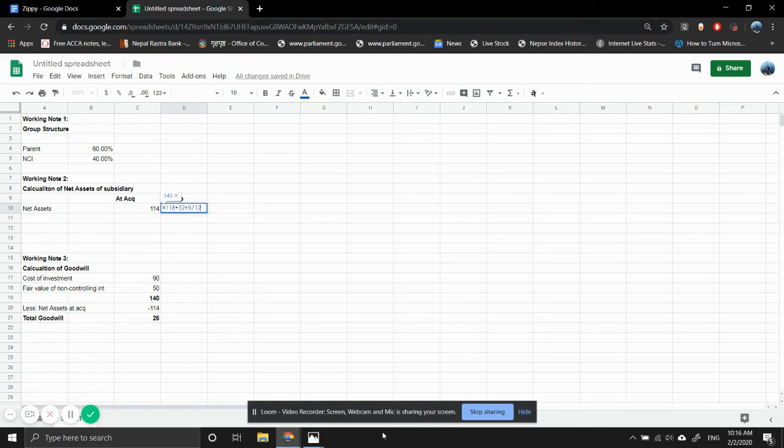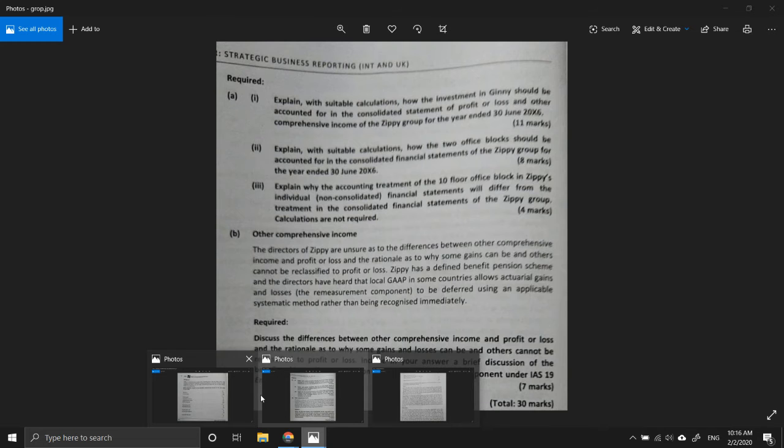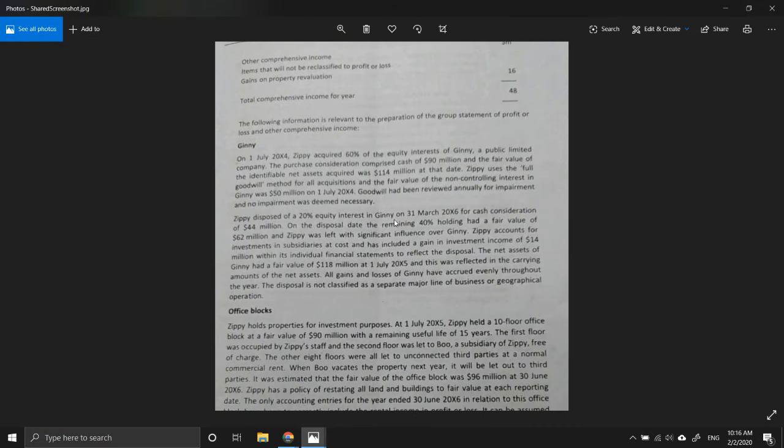And then there is something else as well, I guess. There is OCI as well, gain on property revaluation, right? What it says here is that SPI accounts for investment in subsidiaries at cost and has included a gain of 14 million within its individual financial statement to reflect the disposal, right?